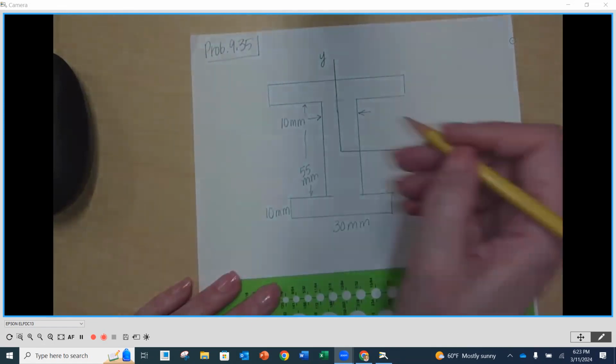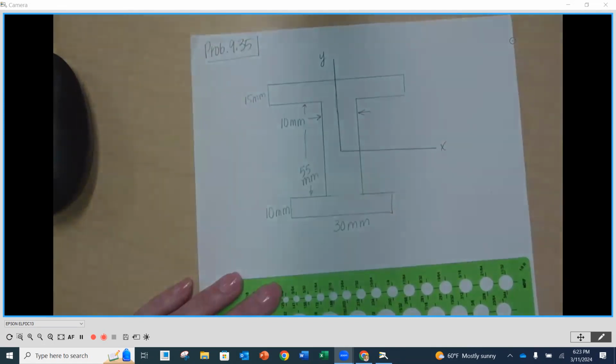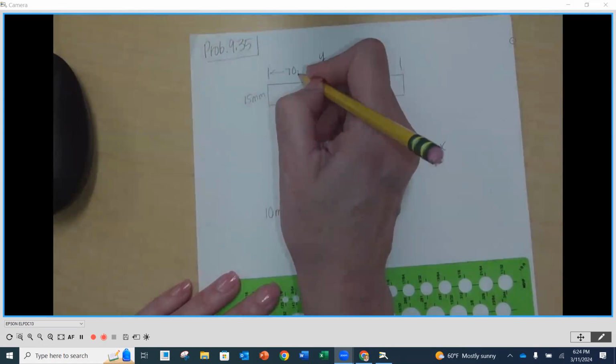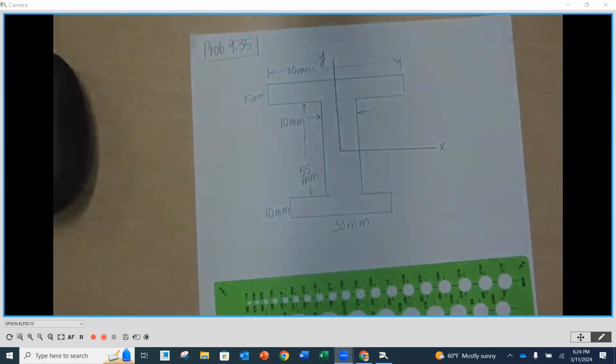And then thickness here is 15 millimeters. And then we have a dimension overall here of 70 millimeters. My proportions aren't so great, but we got the dimensions.